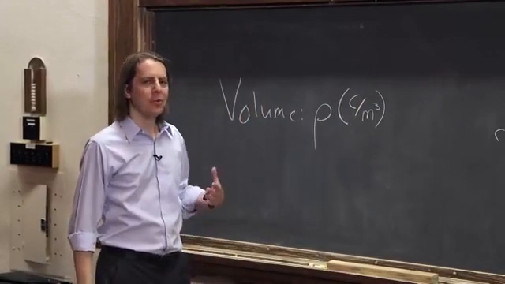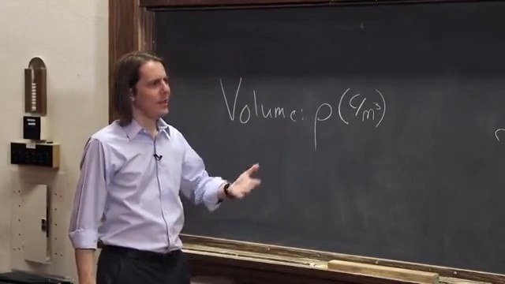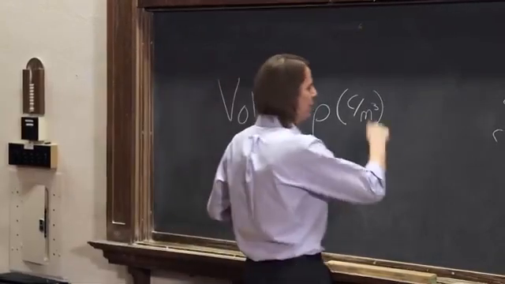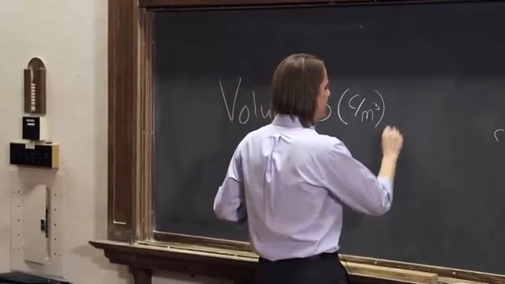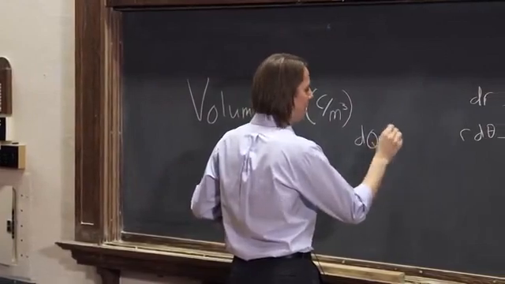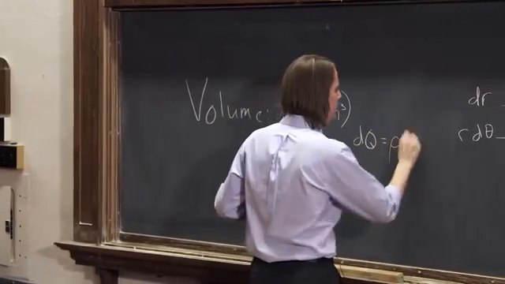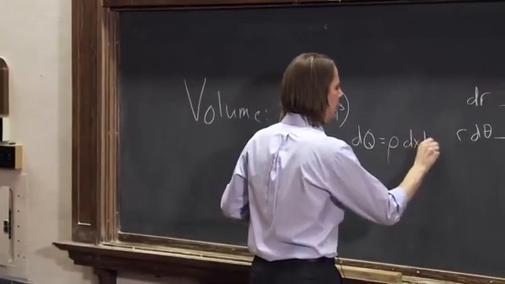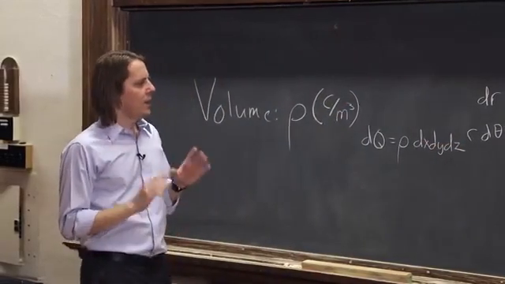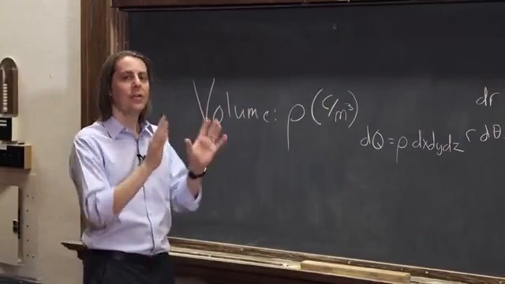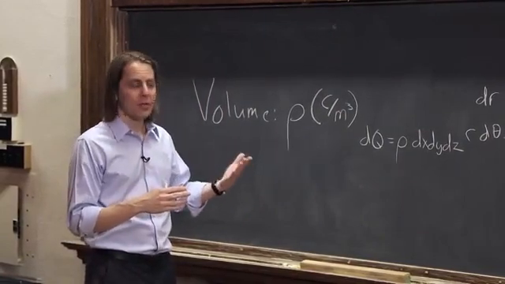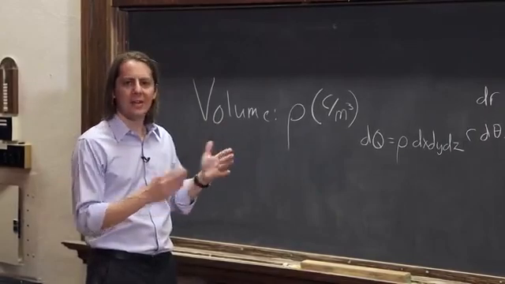If we wanted to define a volume element, we have to pick a coordinate system. If you wanted to continue in Cartesian coordinates, you would just add another dimension. So dq, your charge element, would be the density, rho, times the little volume dv, which is just in Cartesian dx, dy, dz. If you think in terms of the angular coordinate systems, in 2D we had polar. So if you want to take that to 3D, all you have to do is add a z-axis to it.